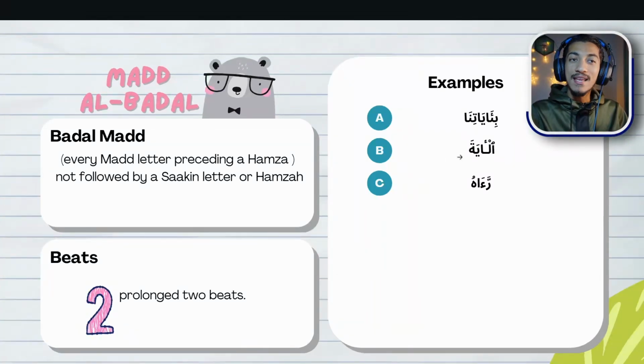And here it's the same, we say Al-Ayah, 2 beats Maad, it's Maad Badal as we have a Hamza, Alif Maad after it, no Hamza or Sukoon, as you know. The next is Ra'ahu, it's 2 beats Maad. Hamza, Maad letter, no Hamza or Sukoon after, it's simply what Maad Badal is.